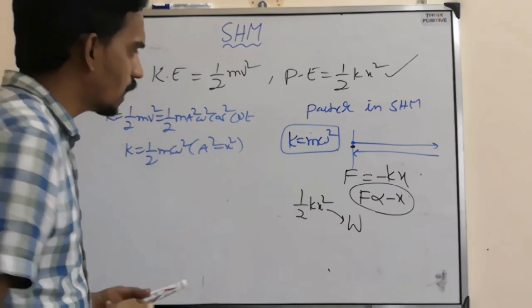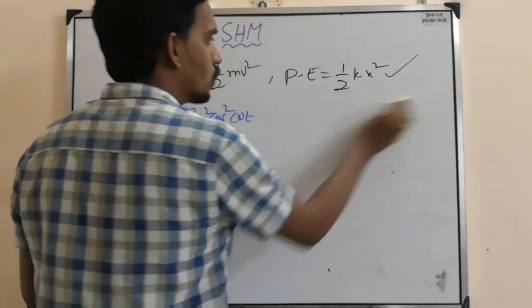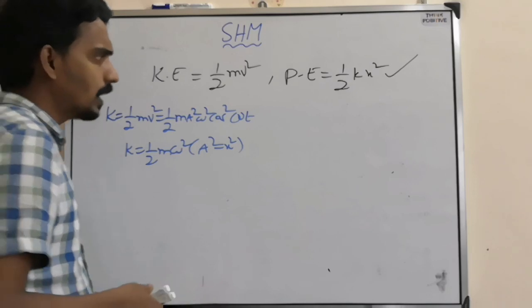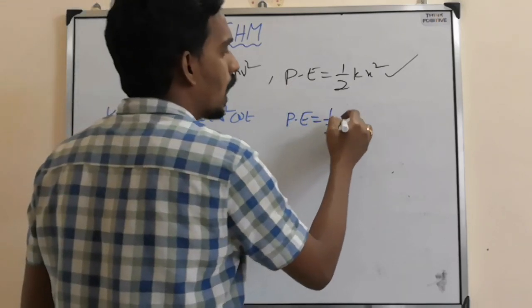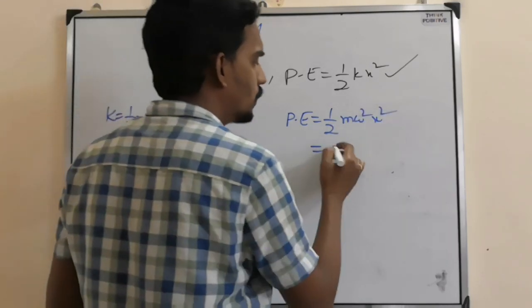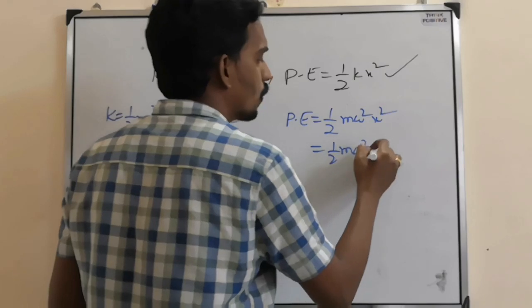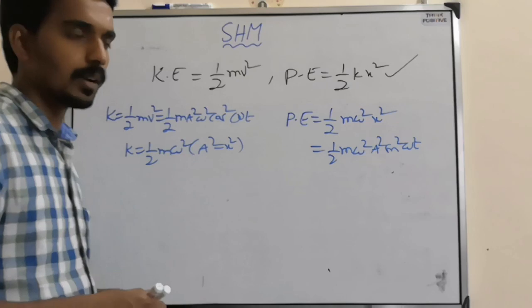So for kinetic energy we got two formulas, one in time, one in displacement. In a similar way, for potential energy, half m omega square x square is one formula. If you substitute the x value, half m omega square a square sin square omega t is another formula.